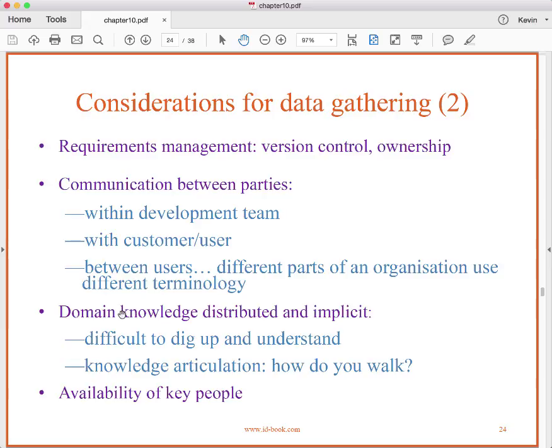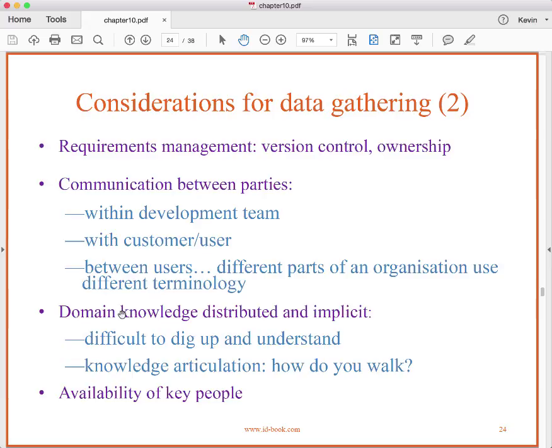Requirements management. Okay, so one part of systems analysis and expressing the requirements that's becoming more and more important these days is the idea that as we go along and express the requirements, however we're going to do it, whether we use use cases, scenarios, or user stories, they're going to change over time.